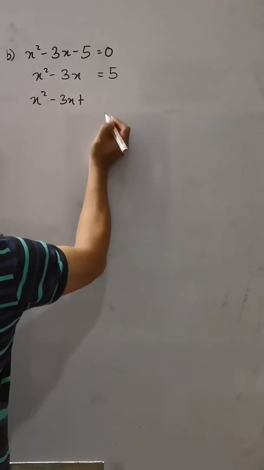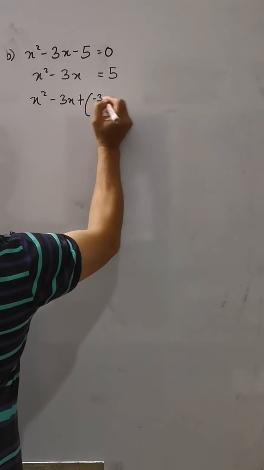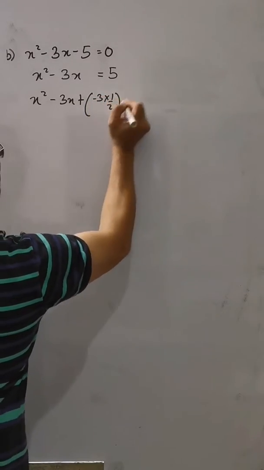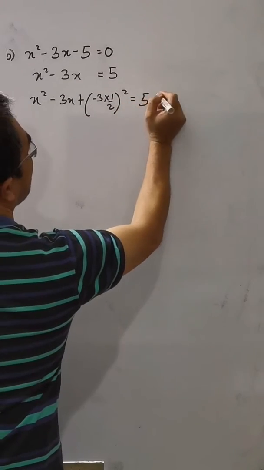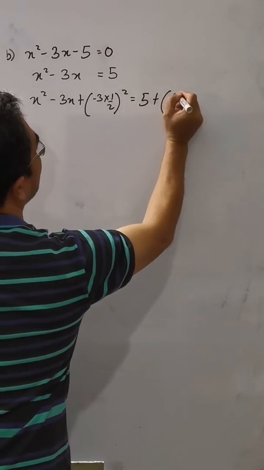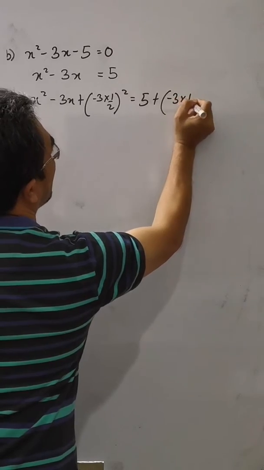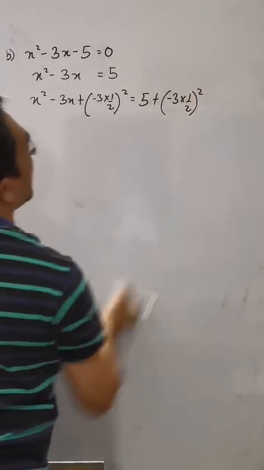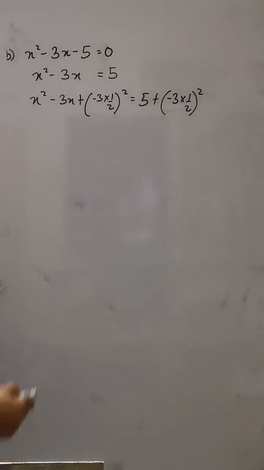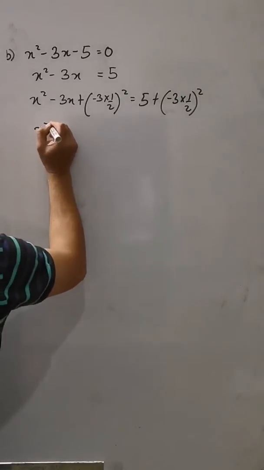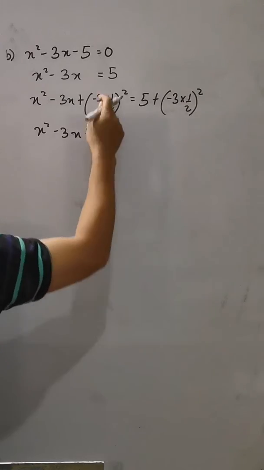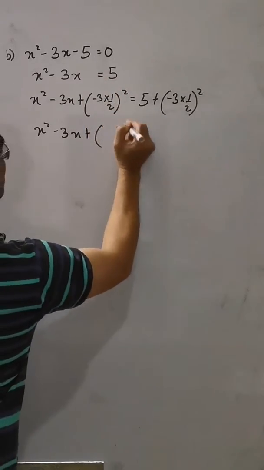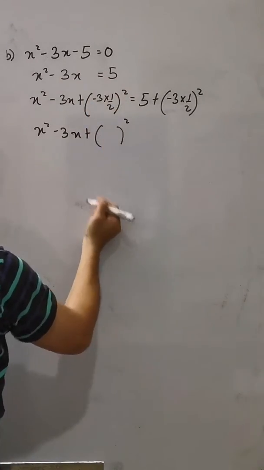Plus b will be negative 3 times 1 over 2 squared equals 5 plus, write down the same thing, negative 3 times 1 over 2 squared. So simplify here. But for this part, I just leave it in the square form, negative 3 over 2.